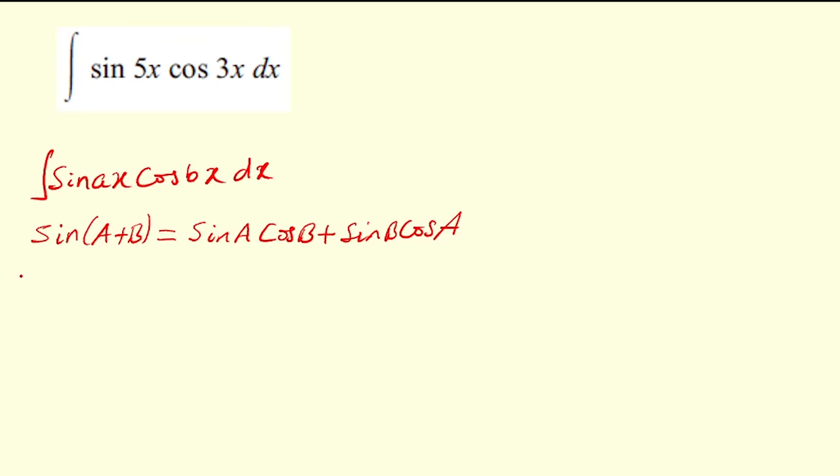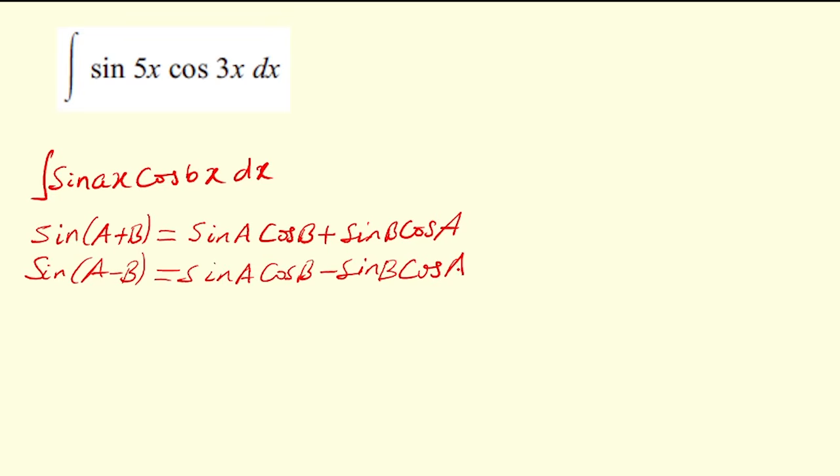The other trigonometric identity, for the difference: sin of a minus b is equal to sin a cos b minus sin b cos a. Look, this term and this term are the same but opposite in sign.